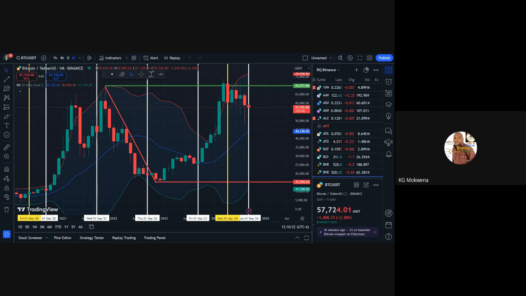We're looking at a pair of Bitcoin from Binance, and this is on the TradingView platform, and the candlesticks are for a monthly interval.